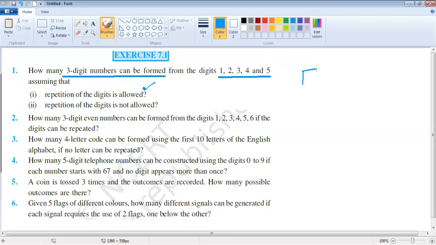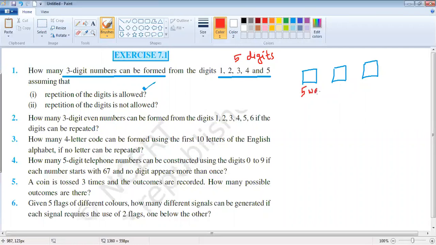So first digit, second digit, third digit. So how many digits do you have in total? Total 5 digits are available. So the first digit can be possible in how many ways? 5 ways.